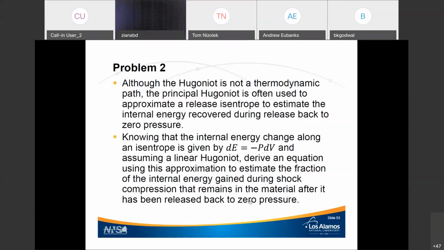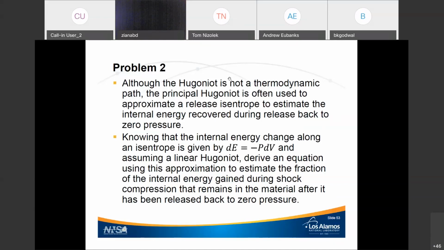So I'm not asking for a number because the number will depend on how strong the shock wave is and on the values of C naught, rho naught and S. But there is an equation that you can derive in order to do this calculation. This approximation works only really for material that is fully dense.